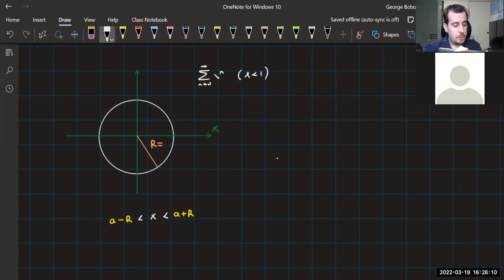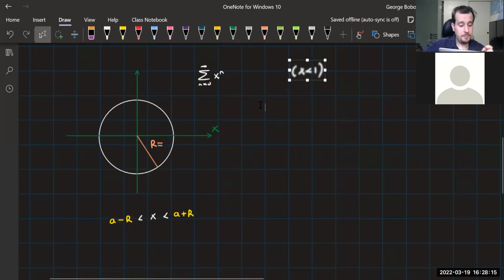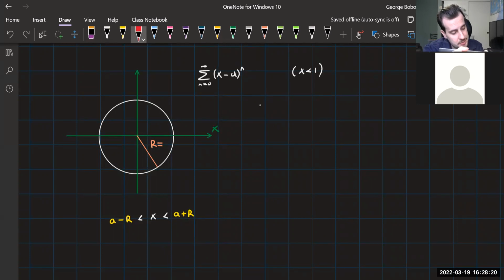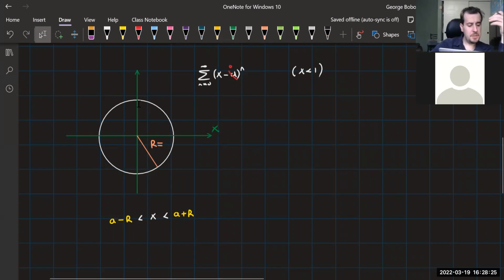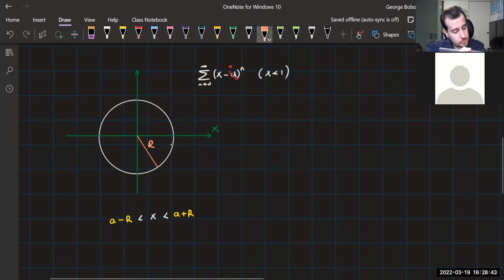Now, the centering parameter of this one, you can very well see what it is. We don't have any a right now. This a is gone. So the centering parameter is 0. It means that this circle for the values of x that we converge is centered at the origin right now. And I said my radius of convergence is just 1. So you can think of this radius right here of this circle as 1.